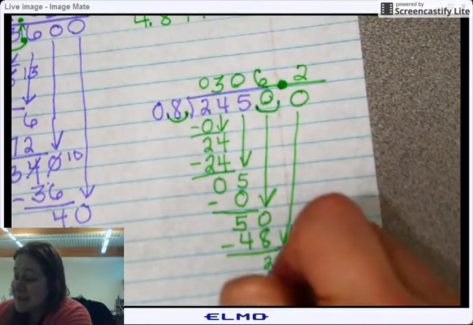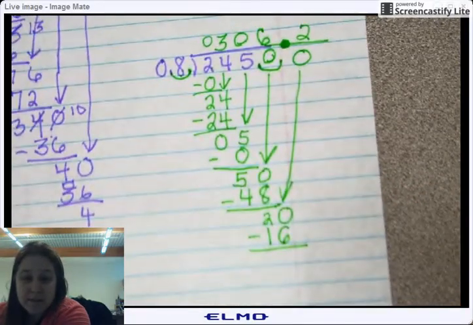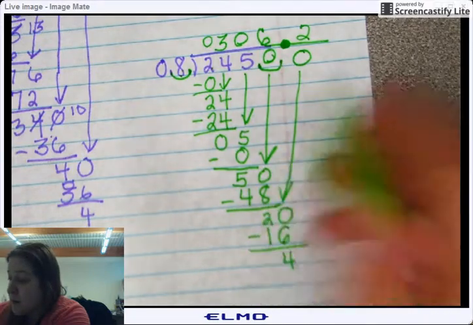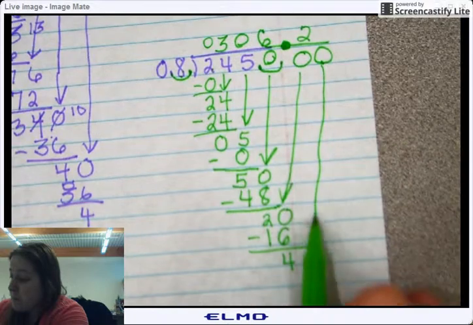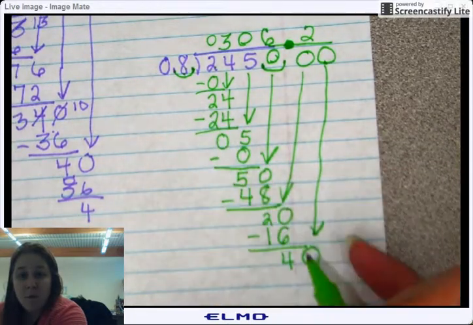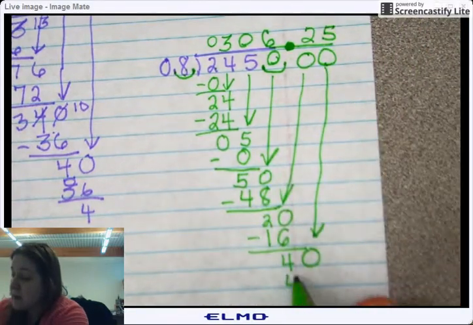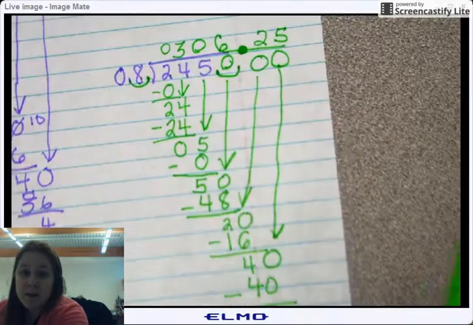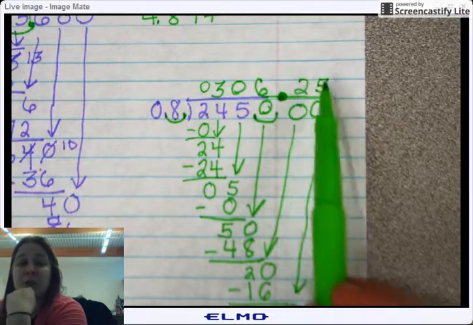That gets me 16. 20 minus 16 is 4. Still can't have a remainder, so I'm going to add another 0. Bring down my 0. 8 can go into 40 how many times? 5. And I have nothing left. So your answer is 306.25.